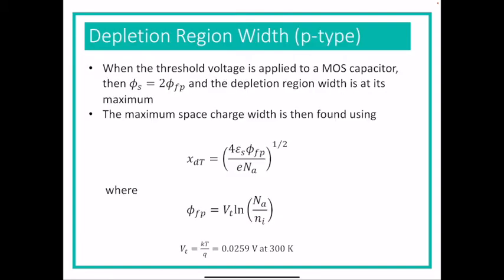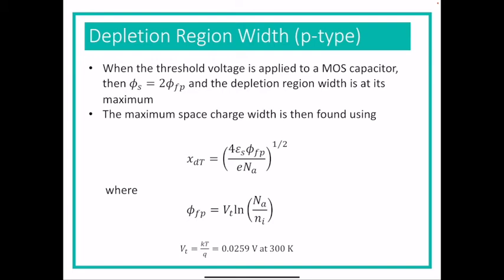So now, when we apply the threshold voltage, that means that the conditions exist such that the work function at the surface is equal to twice the work function in the bulk material, and the depletion region is at its maximum width.